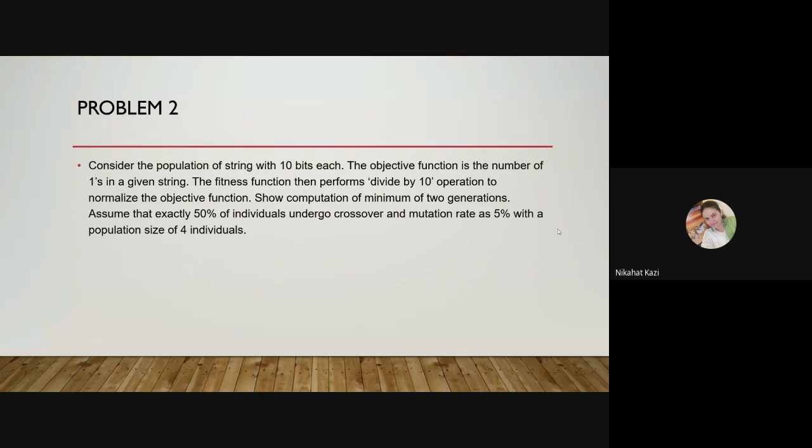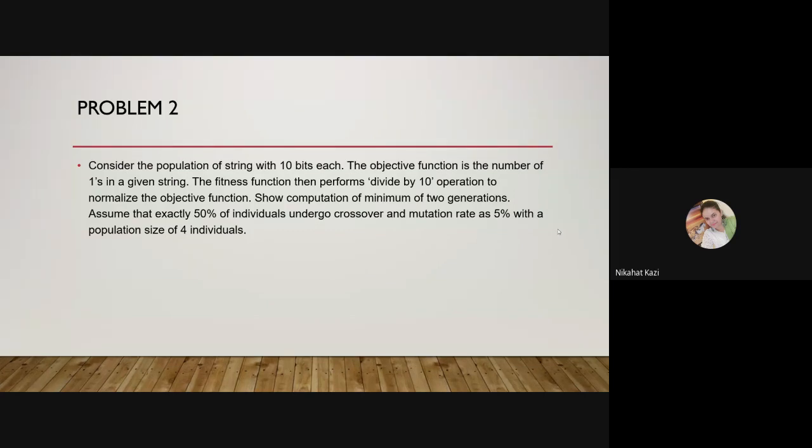The fitness function then performs a divide by 10 operation to normalize the objective function, and show the computation for a minimum of 2 generations. Assume that exactly 50% of the individuals undergo crossover, with a mutation rate of 5%, and a population size of 4 individuals.